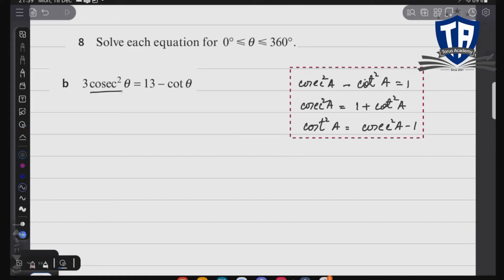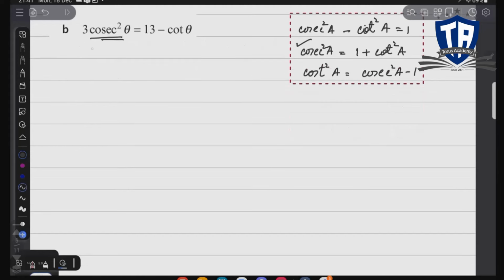So we'll convert cosecant square by using the identity. The question is in the form of reciprocal functions, and we need to rewrite the equation by using the identities in one trigonometric function. Cosecant square can be converted by using the identity in the form of cot.